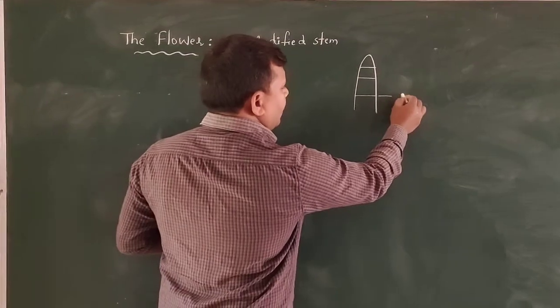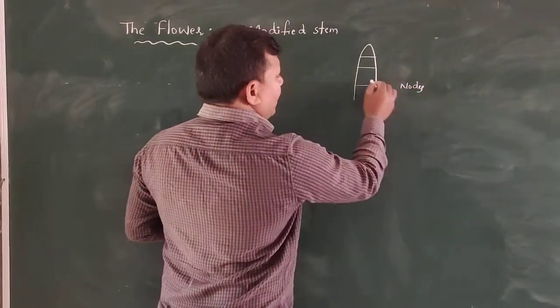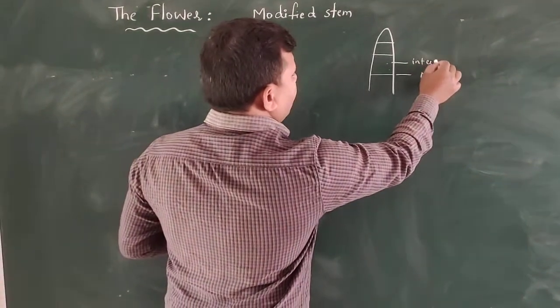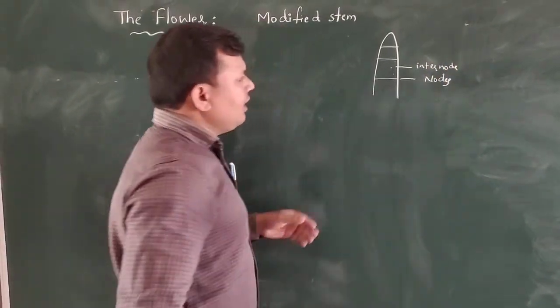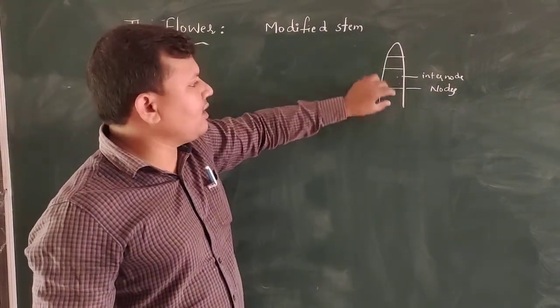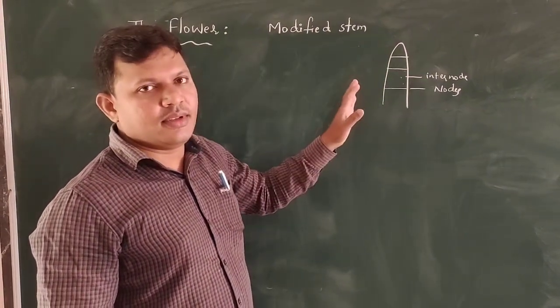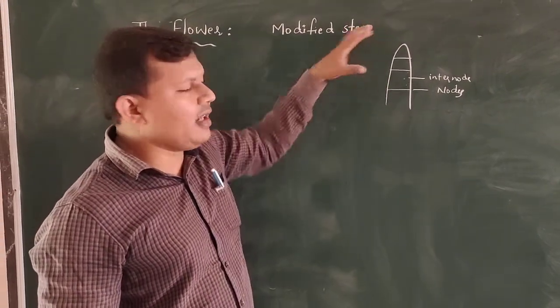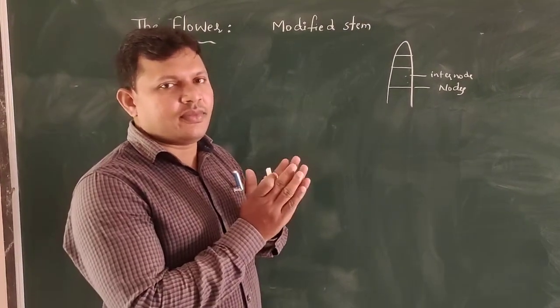These are the nodes, and this part is the internode. Here there is not much differentiation among these nodes and internodes, which seem not much elongated, a compact structure.